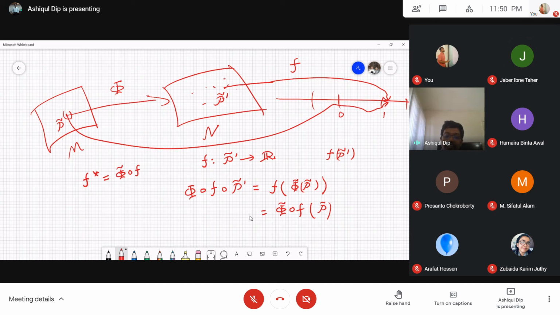Now phi tilde composed with F is distributed over the P tilde plane. So it's a field again, but it takes P tilde as an input, where F corresponds to that, which takes P tilde prime as an input.